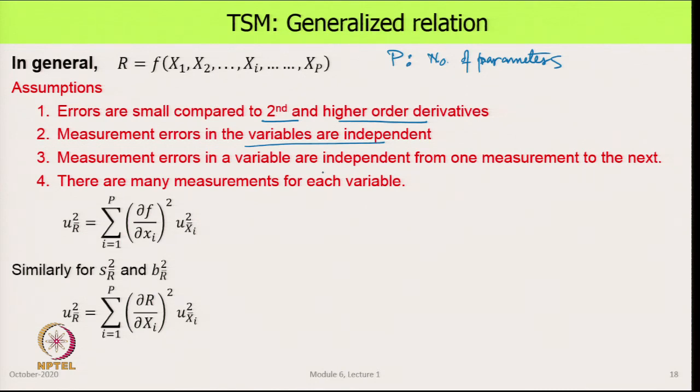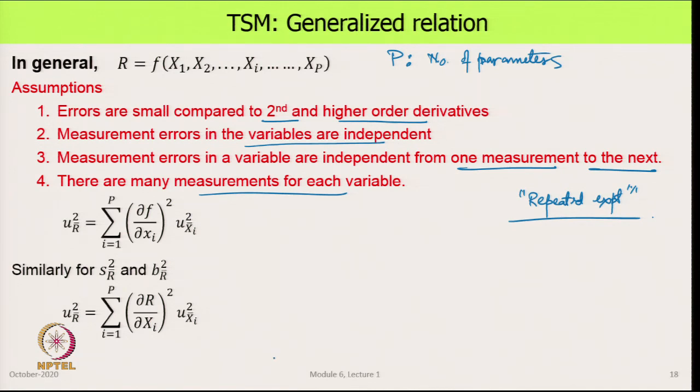Measurement errors in a variable are independent from one measurement to the next, which is basically saying that we are using the same setup and not changing, say, an instrument in between. So, in some way we can say that this was the idea that we got in a repeated experiment. And fourth, there are many measurements for each variable. We do not have just one value.